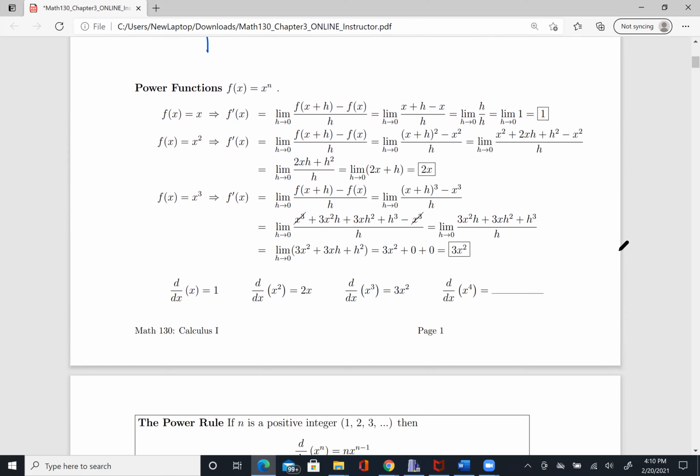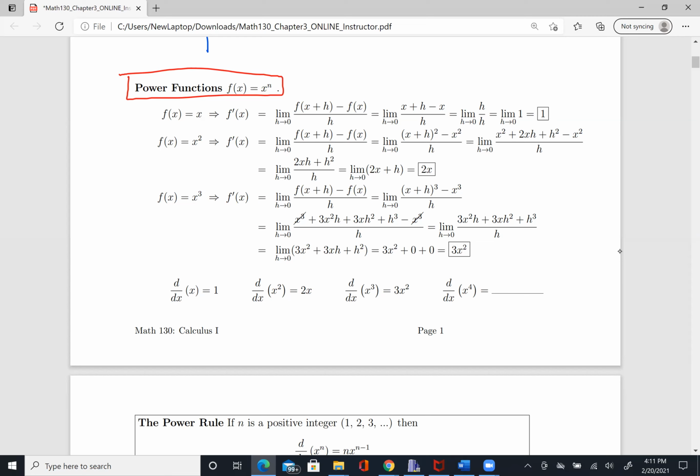Here we're going to talk about the power function, which is very important for this section. We mostly see polynomials with some power, such as x to the power n. So we want to take the derivative of that.